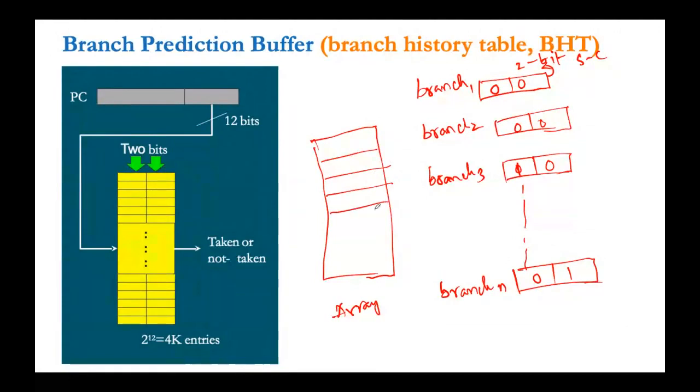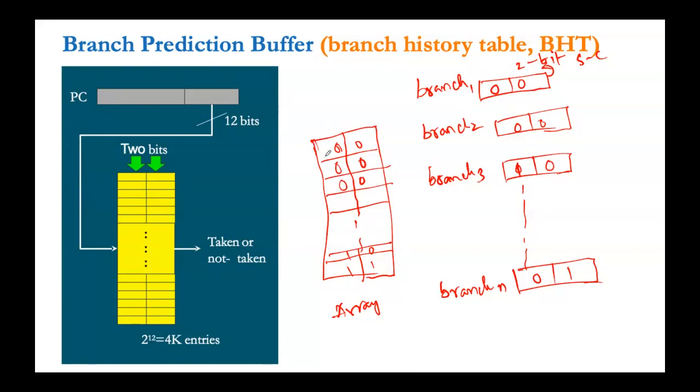That array holds 2 bits per entry, because we are using the 2-bit saturating counter. So those 2 bits will be stored: for branch 1, 0 0; for branch 2, 0 0; for branch 3, 1 0 or 1 1, something like that. The branch states are stored in this way.